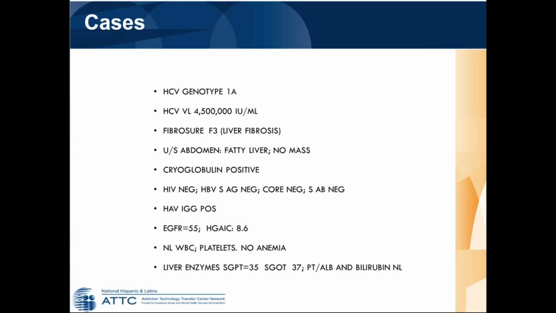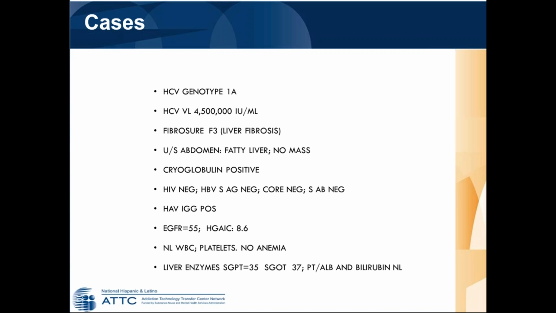So he should be treated before that liver becomes cirrhotic or completely scarred. No evidence of cancer. Cryoglobulin positive and his lower kidney function means that the hepatitis C is already affecting his kidney. Again, hepatitis C will affect the liver, but also affects other body organs.